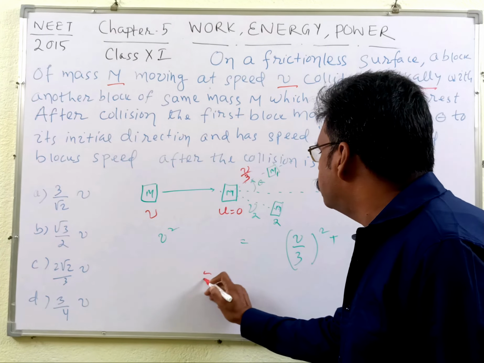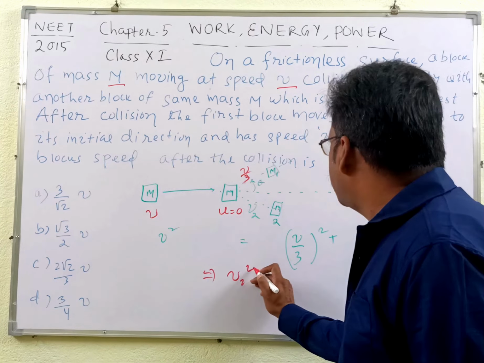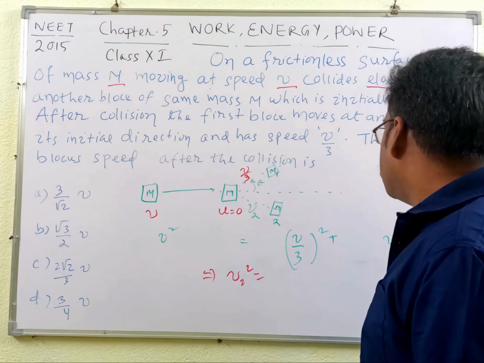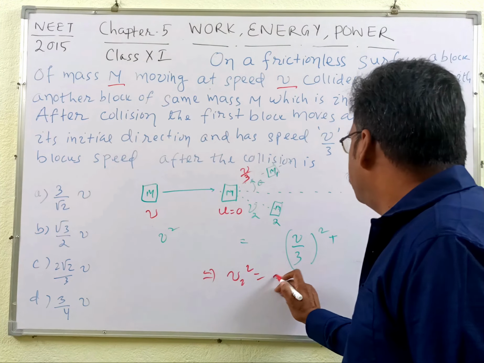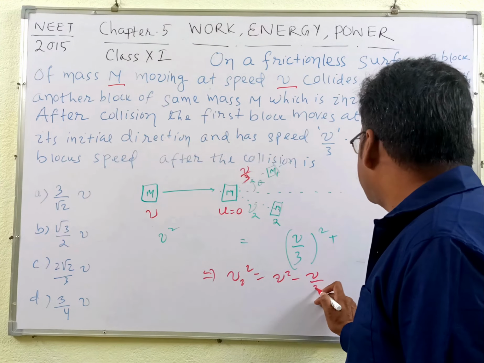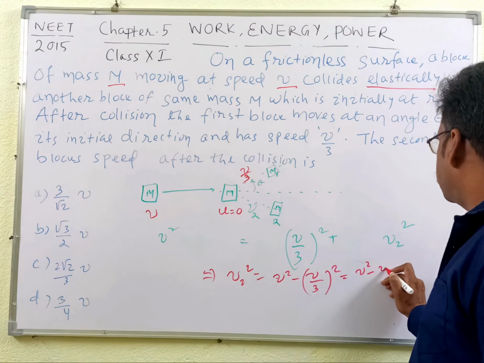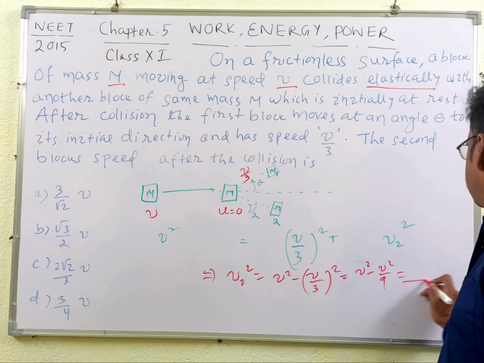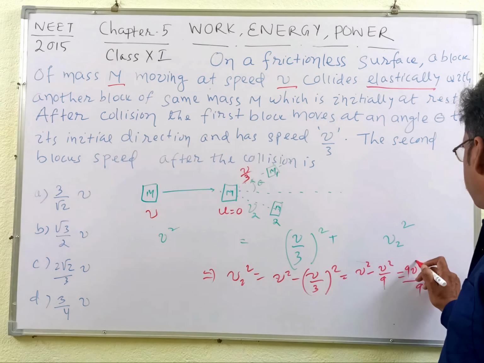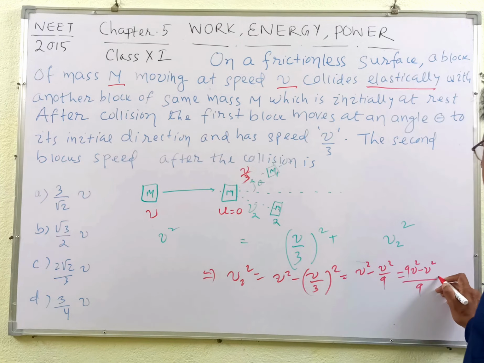This equation can also be written as v2 square equals v square minus v by 3 whole square, which equals v square minus v square by 9. Taking the common denominator 9, that is 8 v square by 9.